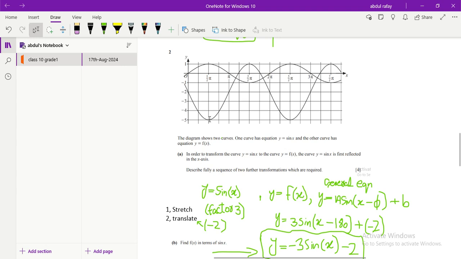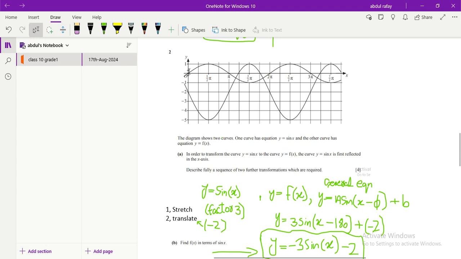From -2 to -5 we have 3 units, and here we have 1 unit. It means the factor we need to multiply y equals sine x by is 3. After that, you can see the translation is -2.